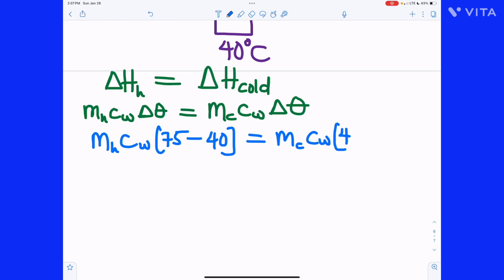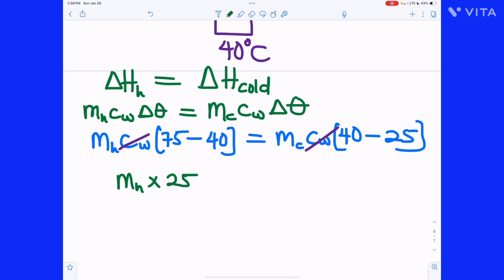So we subtract the smaller temperature from the bigger one. At the end of the day, we divide by Cw, you don't have it there anymore. And that gives you mass of hot water times 25 is equal to mass of cold water times 15.